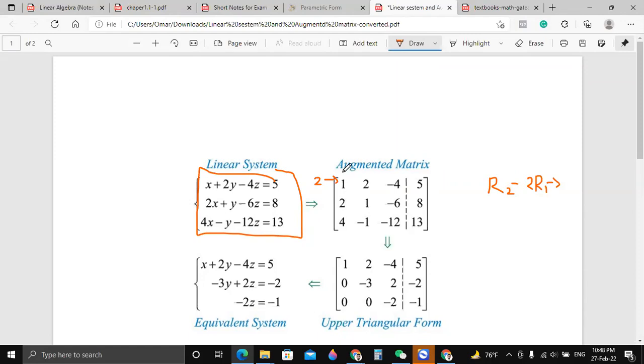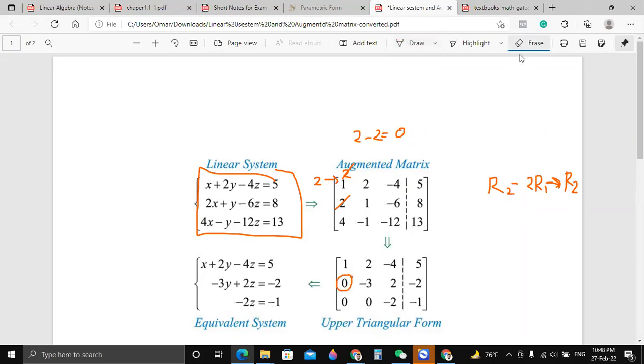So 2 multiply 1 is 2. So if I do R2 minus 2 R1, we get 2 minus 2, which is 0. Then we can put this value in row 2.